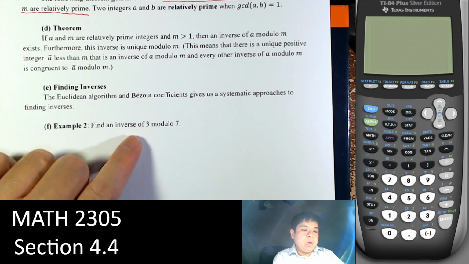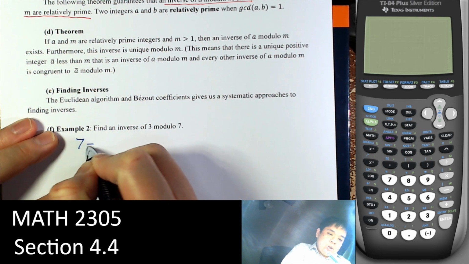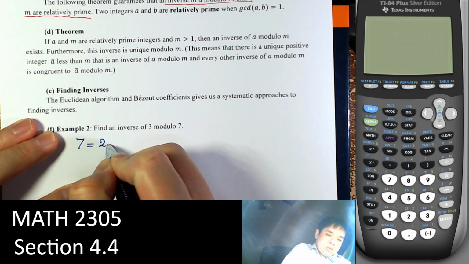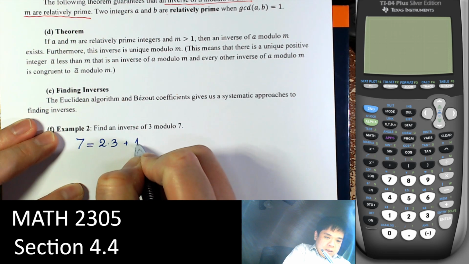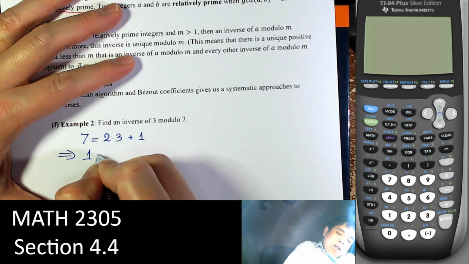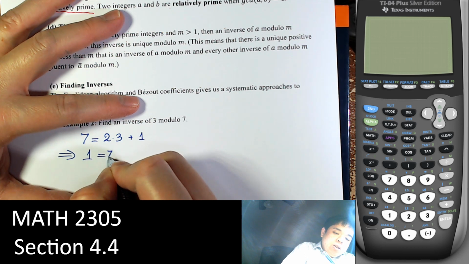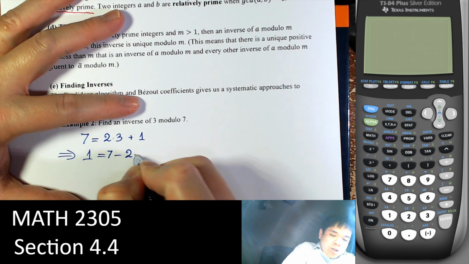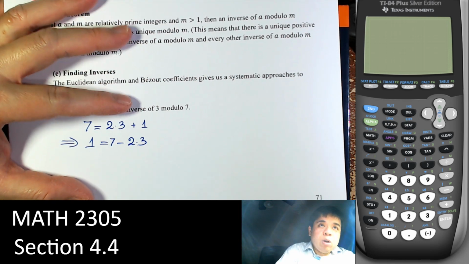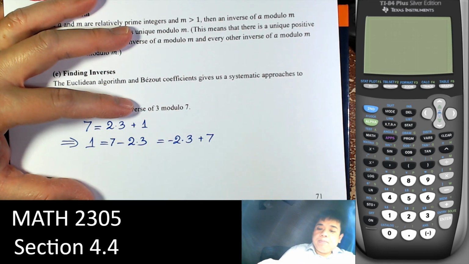Let's just find out. Take 3 and 7. We use the division algorithm: 7 is equal to 2 times 3 plus 1. Now we write this as 1 equals 7 minus 2 times 3, or of course minus 2 times 3 plus 7, either way.